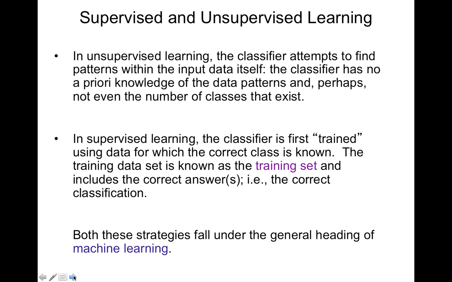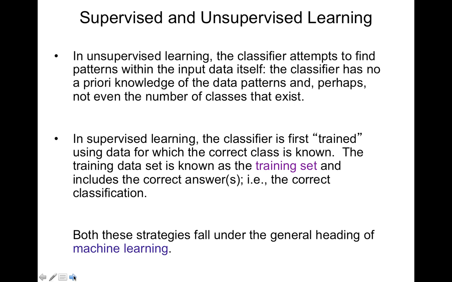So there are two types of ways for a classifier to learn how to classify data: supervised and unsupervised. In unsupervised learning, basically the classifier will try to find patterns within the input data with no a priori knowledge of any data patterns, and perhaps not even a knowledge of the number of classes or categories that actually even exist.